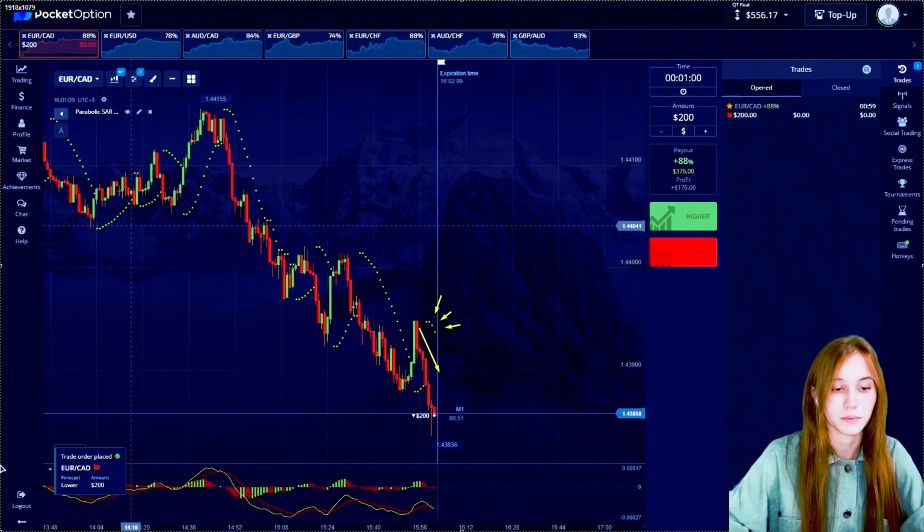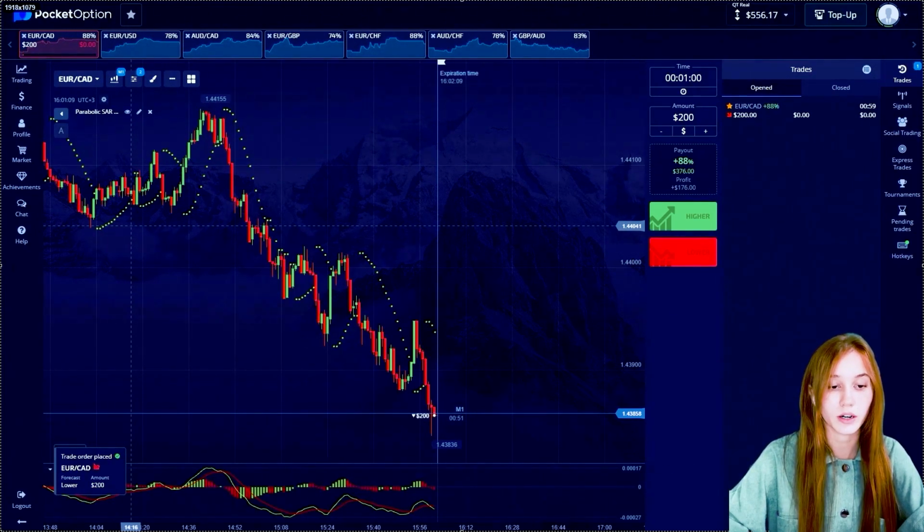Then we look to the indicator and MACD, red bars. It's good signals. Decreasing is stable on our chart. It's good. Trend is going down.